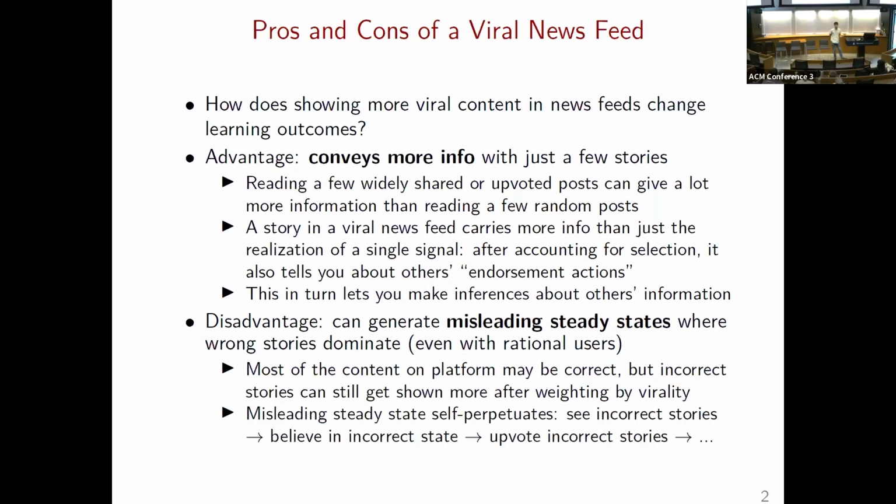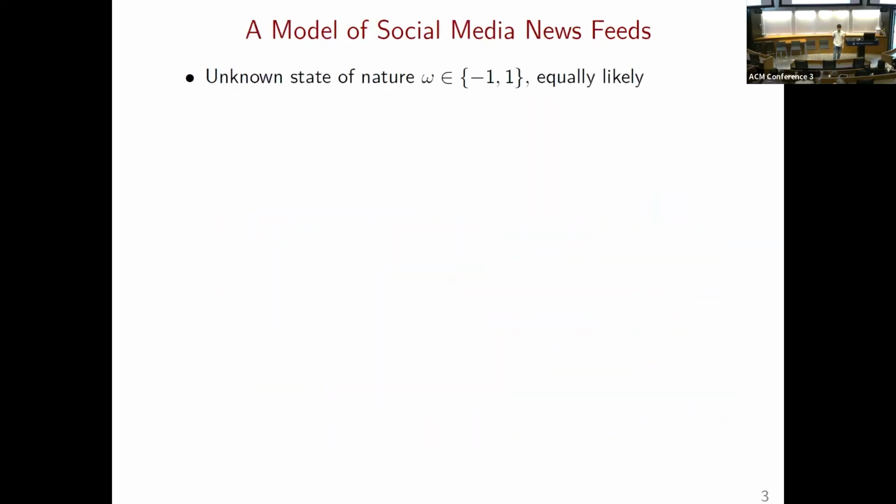And this can self-perpetuate. People see incorrect stories, they end up believing the incorrect state, they continue upvoting incorrect stories. Again, it'll be intuitive this could happen if people are just mechanically following what they see. We're going to show this happens even if people are rational and trying to account for this in some way.